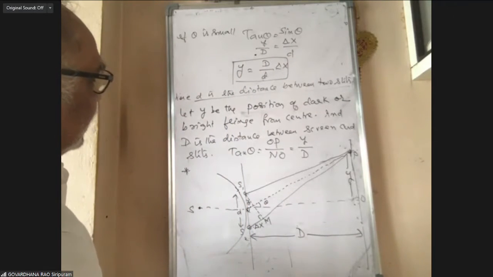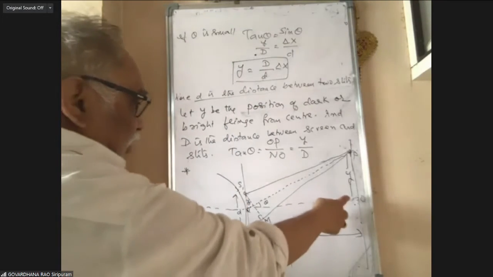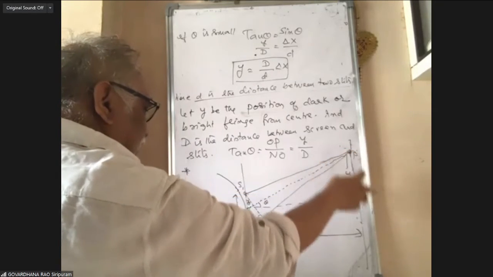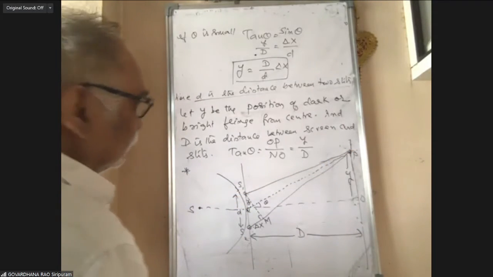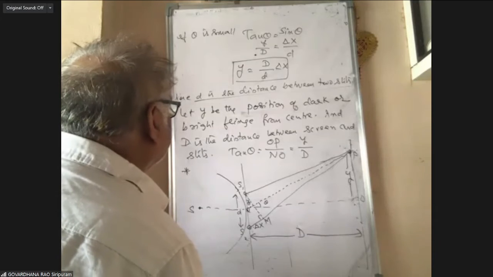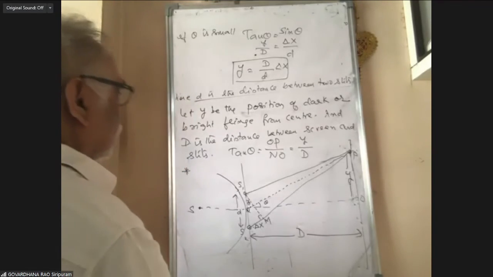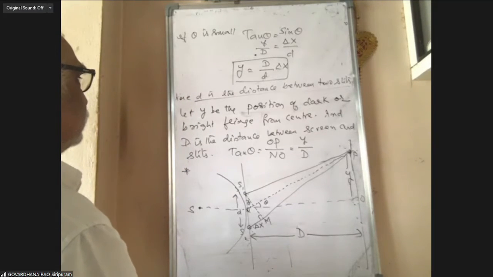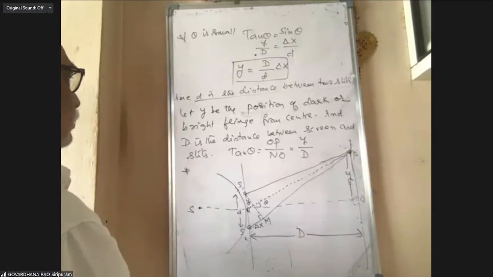So what is y? Y is the position of the dark or bright fringe from the center of the screen.